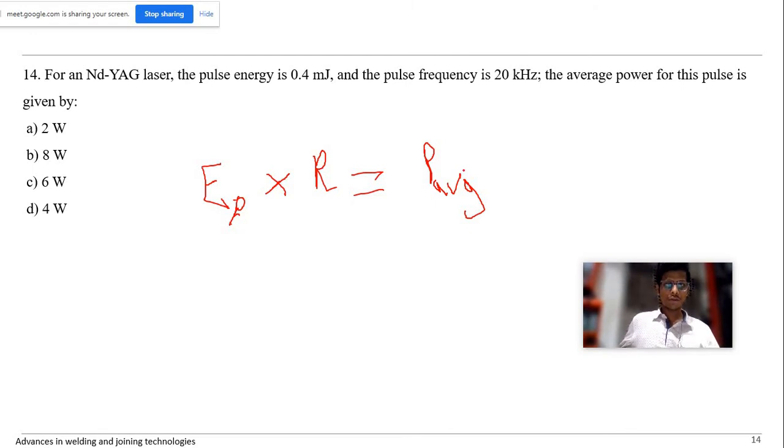P average, the average power, is given by the energy of the pulse into the frequency. So 20 into 10 power 3, this is basically straightforward. Anyhow, 20 into 10 power 3 into 0.4 into 10 power minus 3.